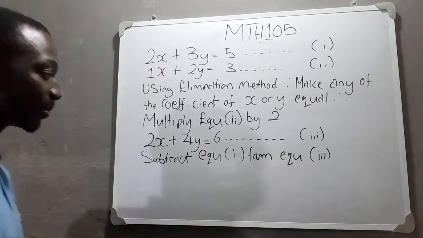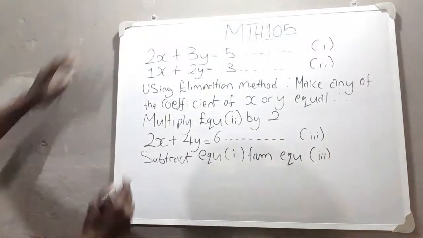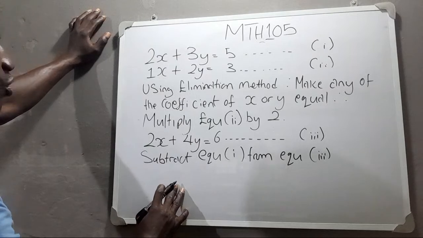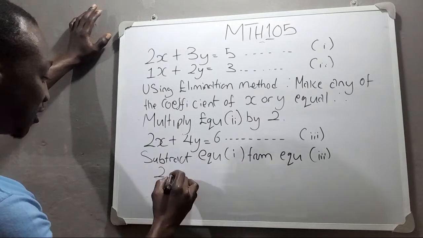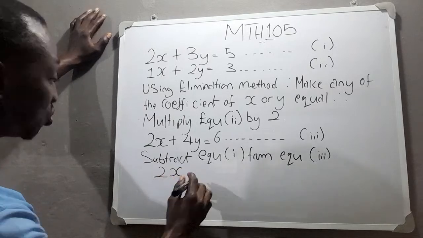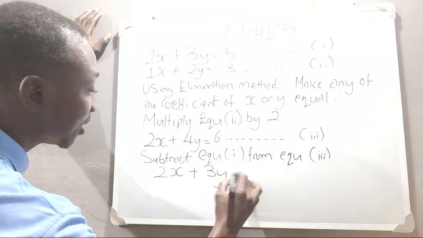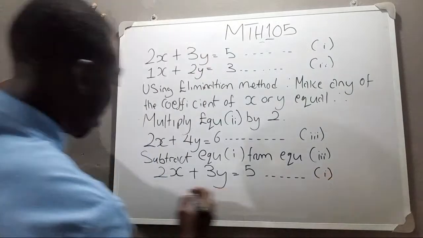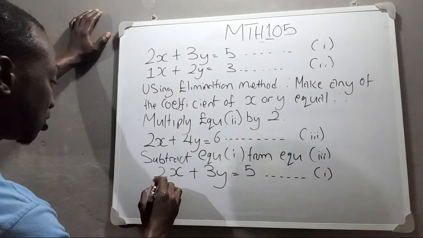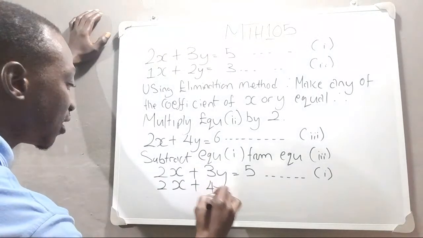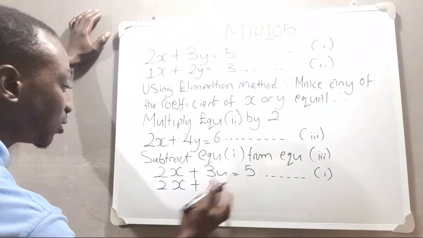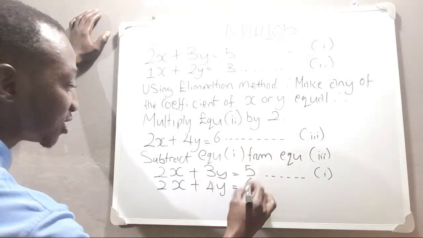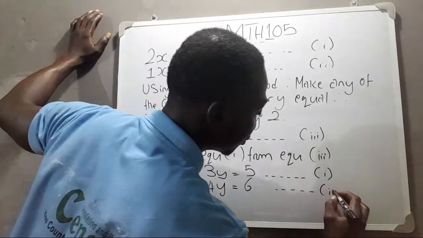I think I might need to bring this down so you can see it. Equation 1 says 2x plus 3y equals 5. And equation 3 says 2x plus 4y equals 6.